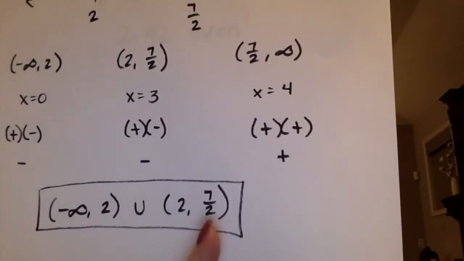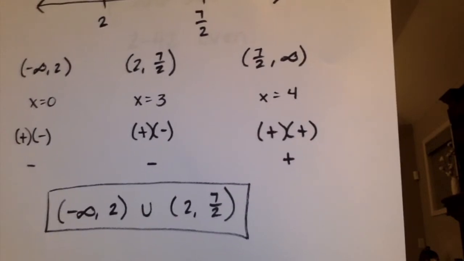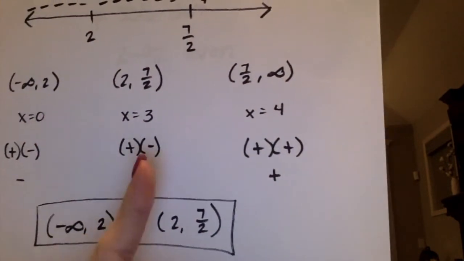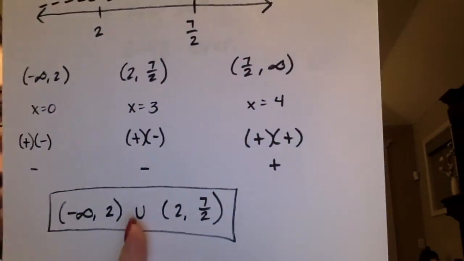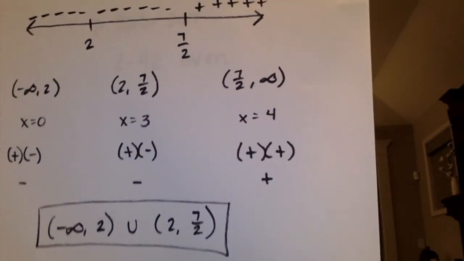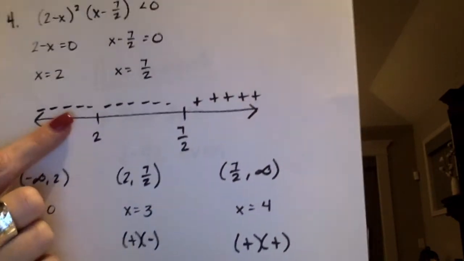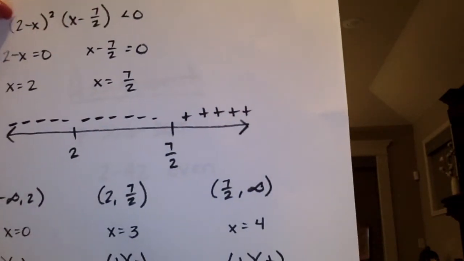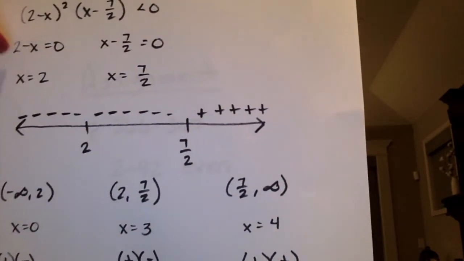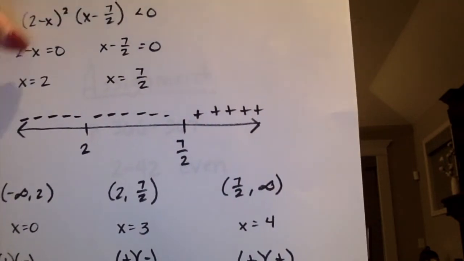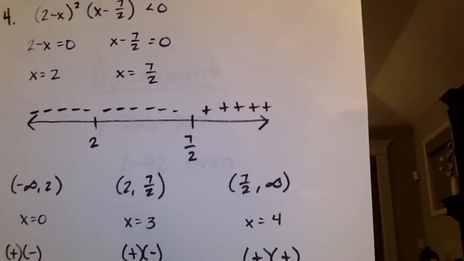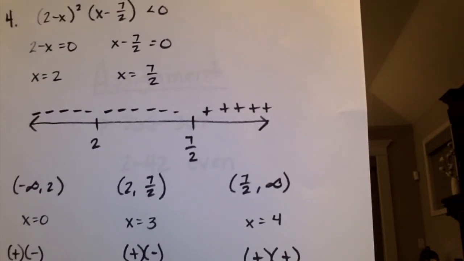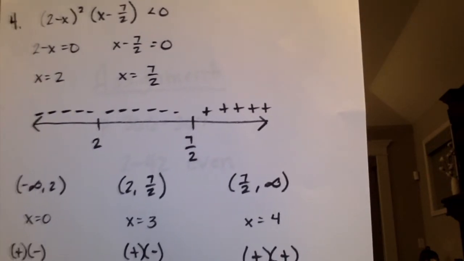So we write this as our final answer. Even though the two intervals are right next to each other, we cannot include the 2 in our answer, so we have to do this. Now, this actually makes sense if you think about what we know about polynomials. The zero x equals 2 has a multiplicity of 2. A multiplicity of 2 tells us that the graph bounces off of the x-axis and goes back the other direction.